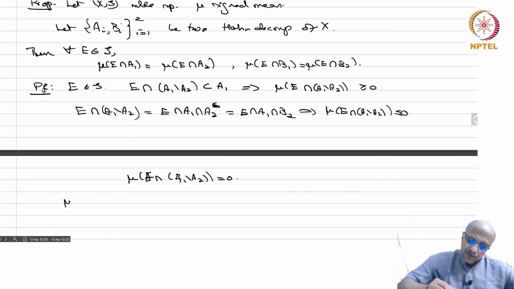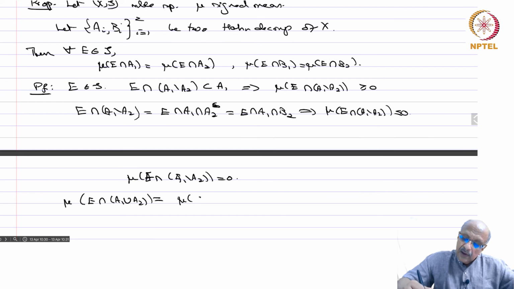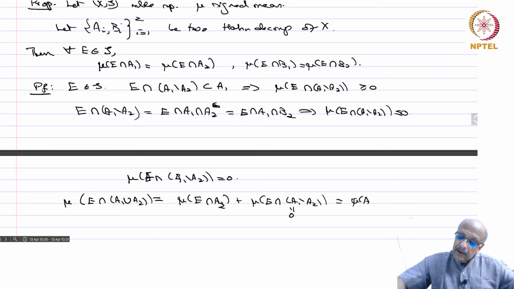So mu of E intersection A1 union A2 is equal to mu of E intersection A2 plus mu of E intersection A1 minus A2, and this last term is 0, so it equals mu of E intersection A2.